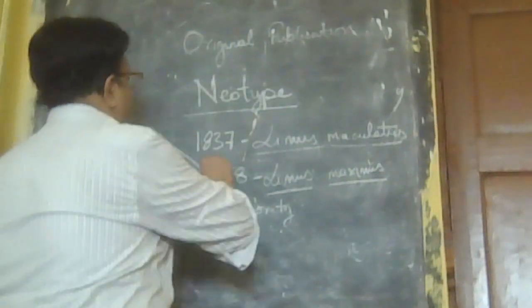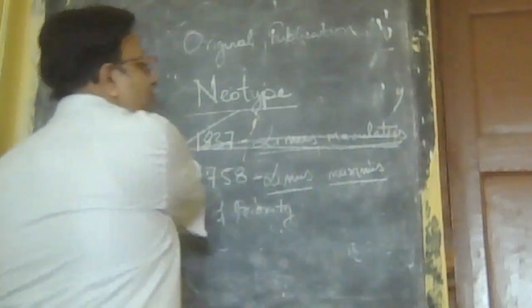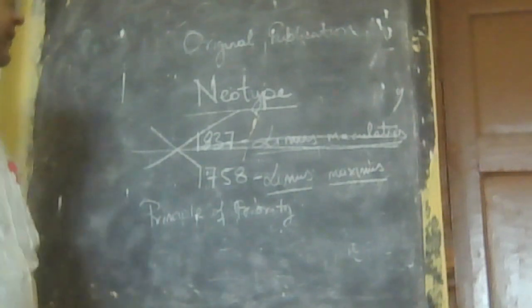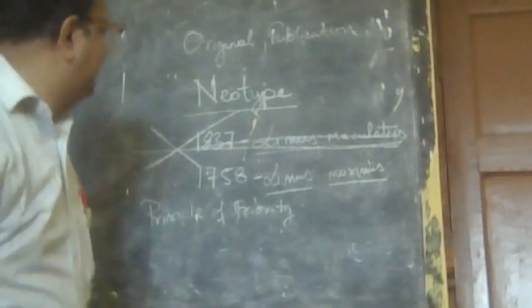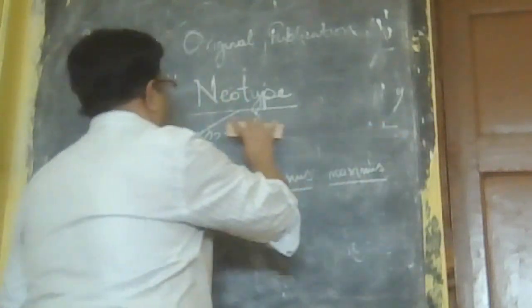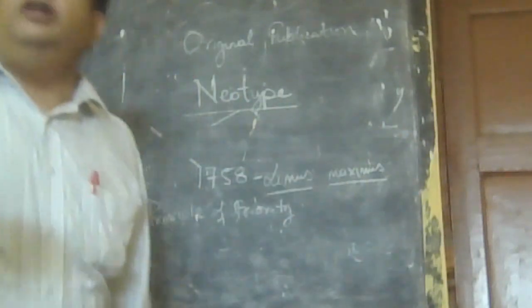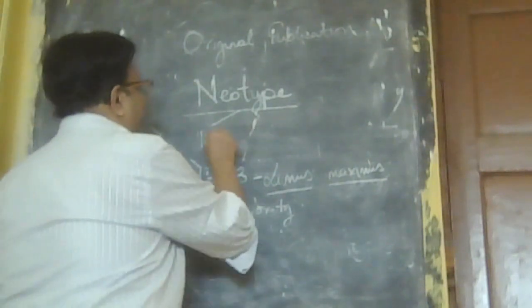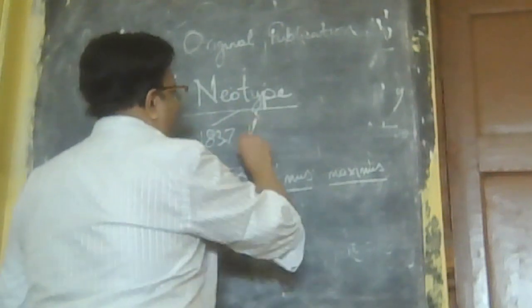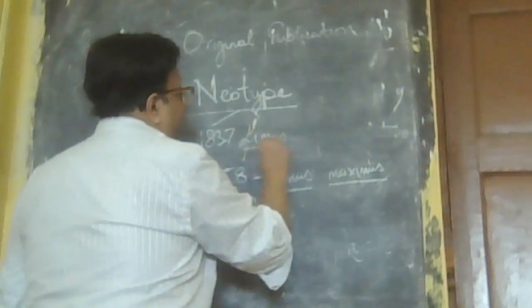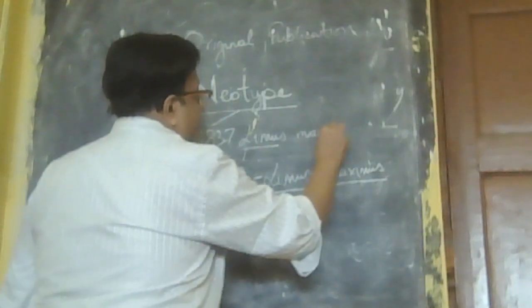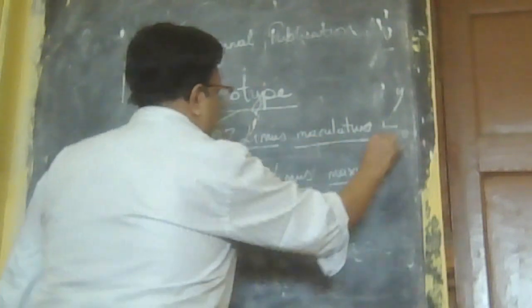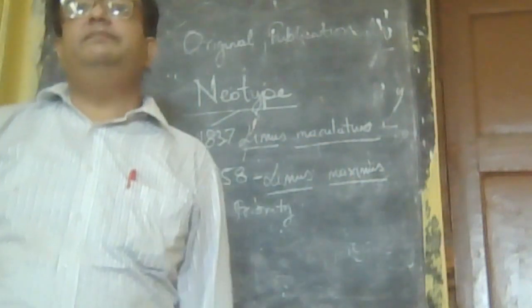So this particular example of priority also is an example of 1837 Limax maculatus. This is Limax maculatus.